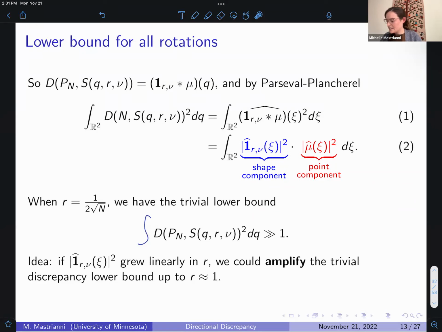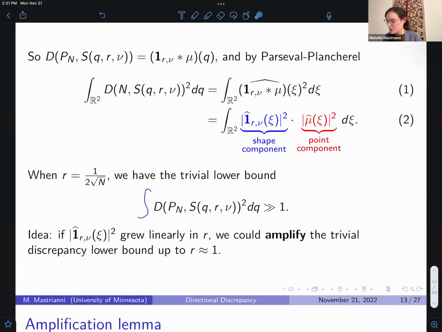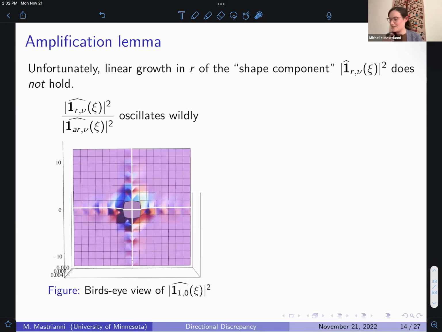And this does not exactly hold. So linear growth of the shape component doesn't hold. This ratio oscillates wildly. And if you just look at this bird's eye view for where nu is axis parallel, where the Fourier transform is a Fourier transform of an axis parallel rectangle, this is what the Fourier transform looks like.